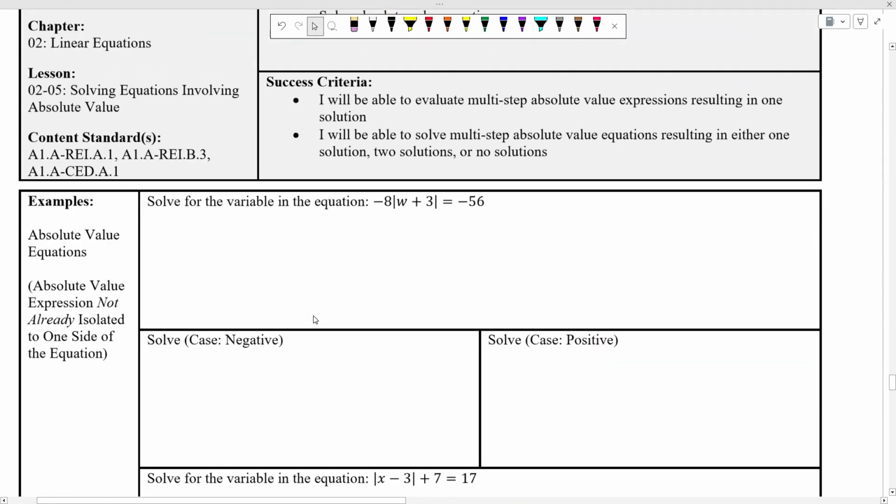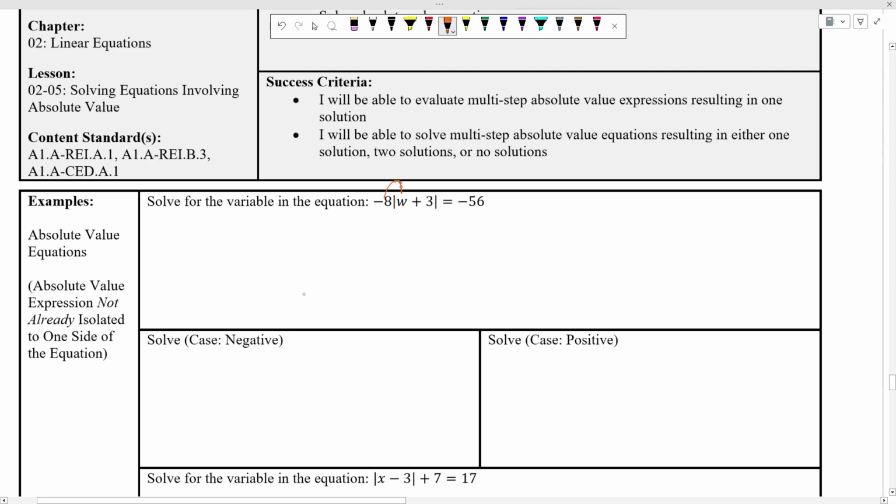The difference here in these next couple is that these are not already isolated to one side of the equation. We must isolate the absolute value term on one side of the equation. And this goes back to what I said toward the beginning of our lesson, in that when you see this, treat it like a variable unto its own.